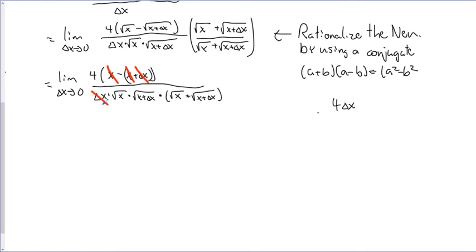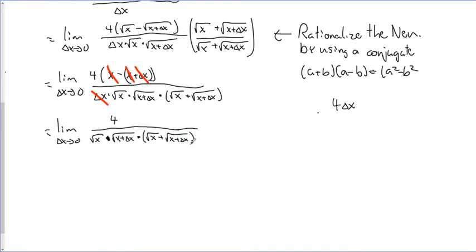And so now I have the limit as delta x goes to 0 of 4 over square root of x times square root of x plus delta x times the quantity square root of x plus square root of x plus delta x.